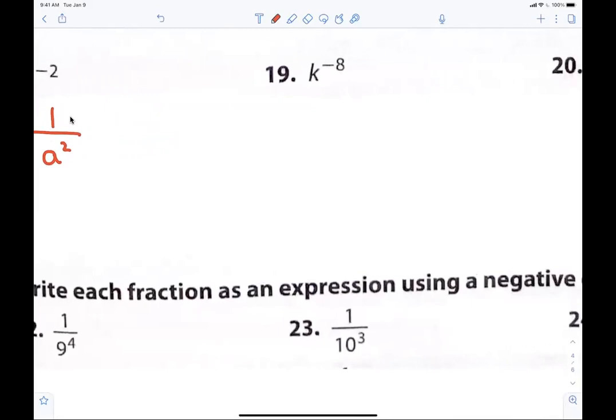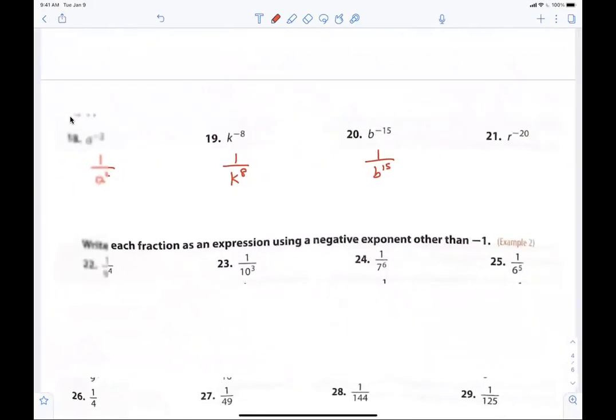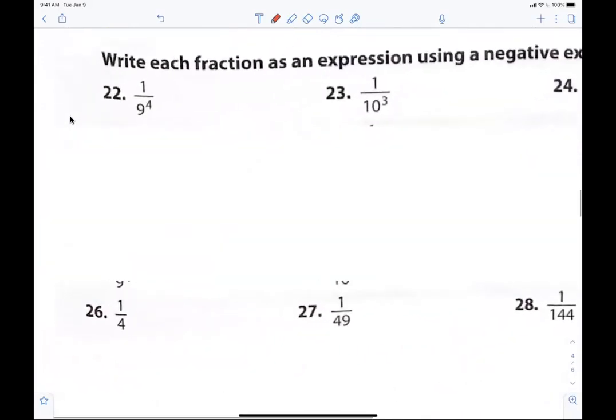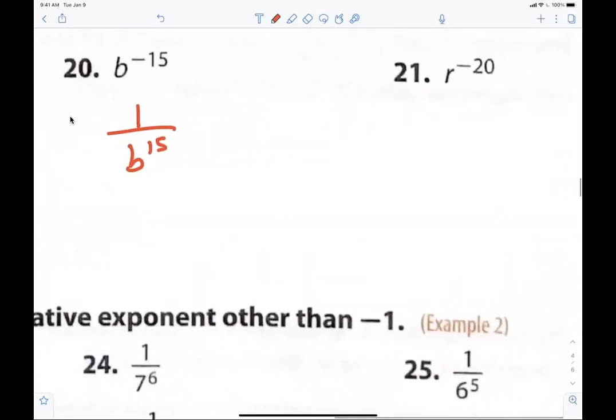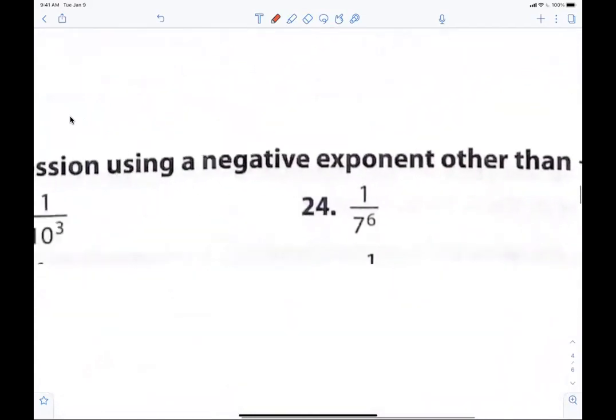Miss Elliott. 19, that's 1 over k to the 8th power. 1 over k to the 8th is perfect. 20. 1 over b to the 15th. Yeah, easy. Okay. Mikey, you got 21. 1 over r to the 20th. 1 over r to the 20th is good.